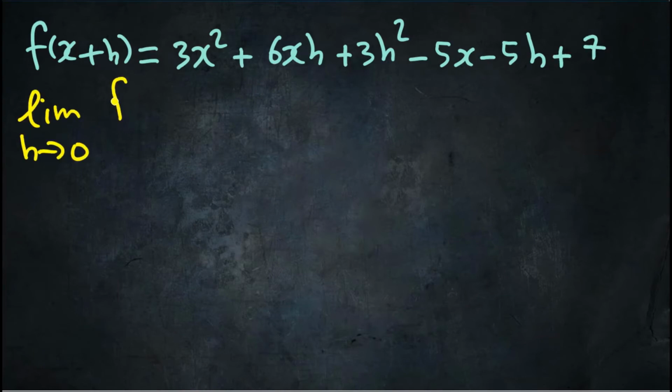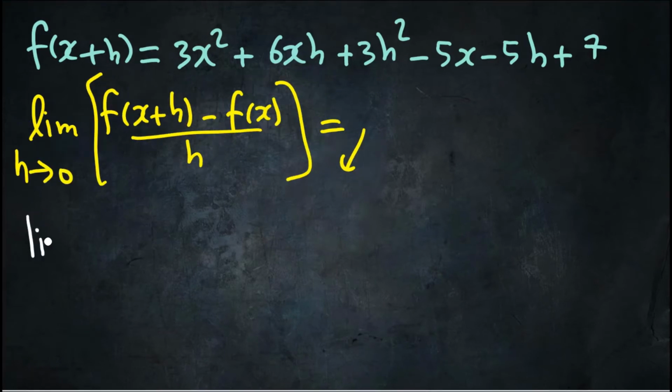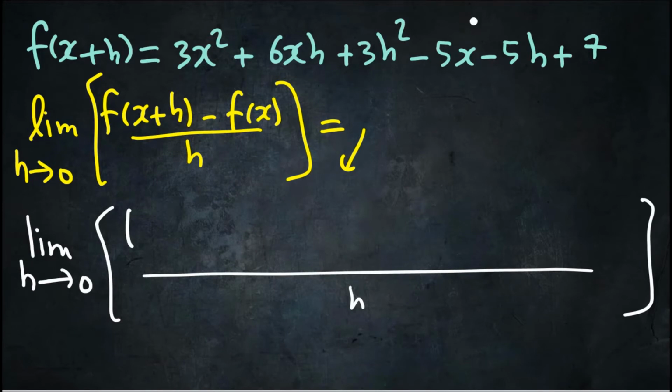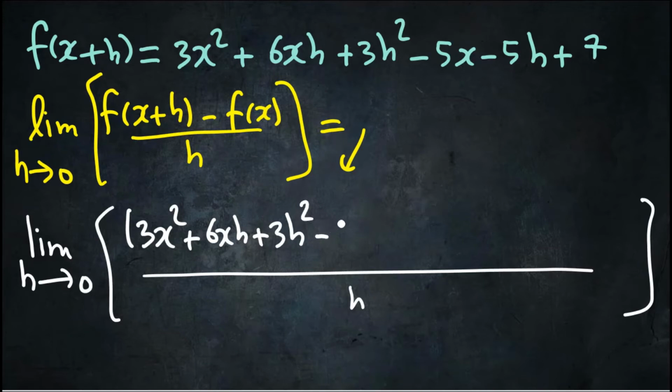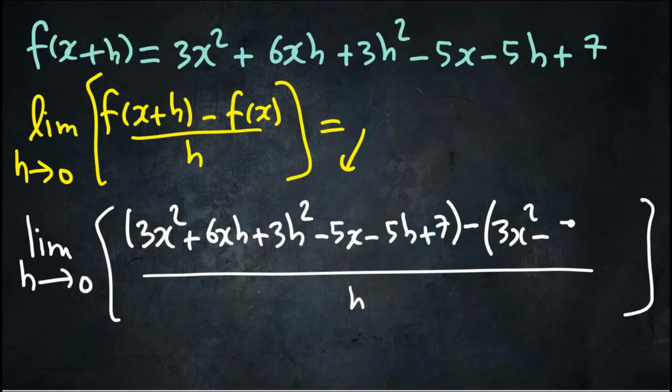Now the limit of f of x plus h minus f of x over h, which is the very definition of the derivative, is the limit when h approaches 0 of f of x plus h, which is this monster, 3x squared plus 6xh plus 3h squared minus 5x minus 5h plus 7 minus f of x, this is f of x, 3x squared minus 5x plus 7, and the whole thing over h.